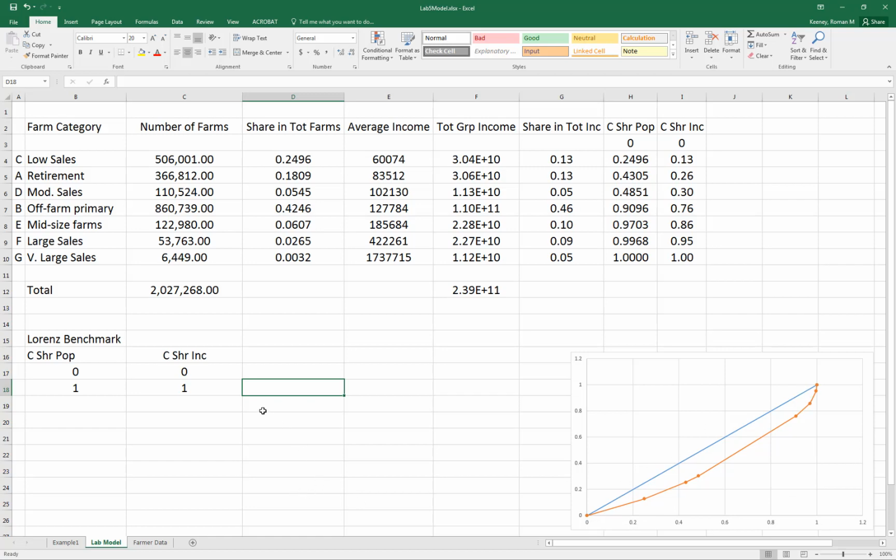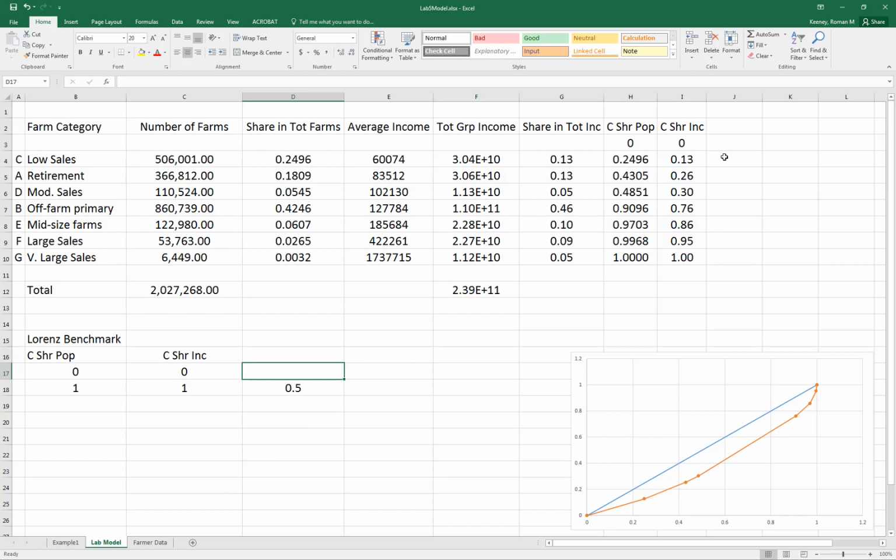It's just going to be this times this times 0.5. And that becomes the benchmark area, the maximum area that you can get.